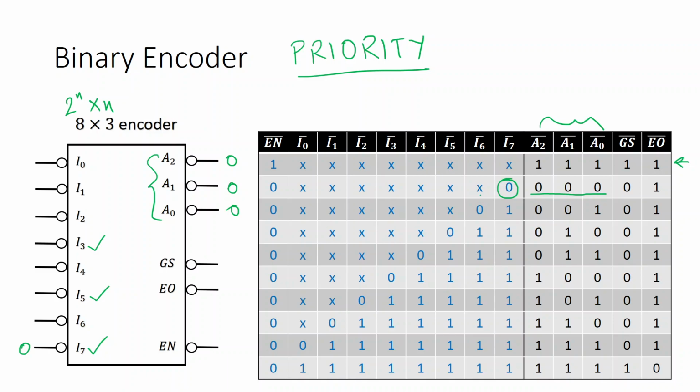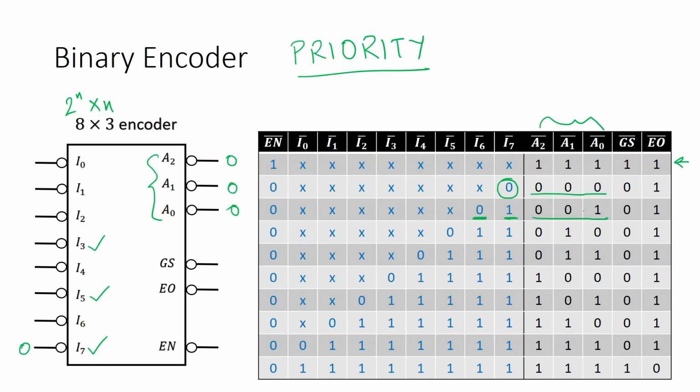Now for I6 to reflect itself at the output, I7 must be 1, and then no matter what I5 to I0 are, I6 will get reflected as 0 0 1. I6 normally is 1 1 0, right?